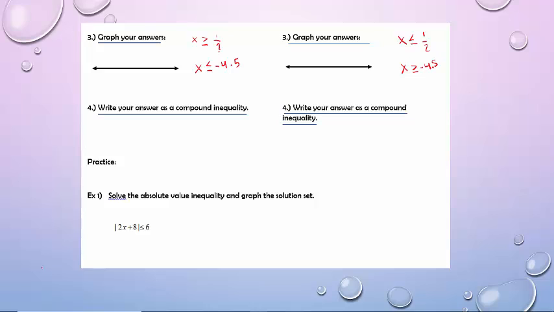So what we're going to do is we're going to take our two answers from the first problem and our two answers from the second problem. We're going to graph these. We're going to compare how they're different. So I'm going to plot -4.5 and 1/2 on both graphs.